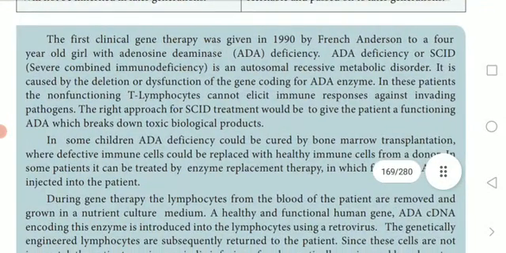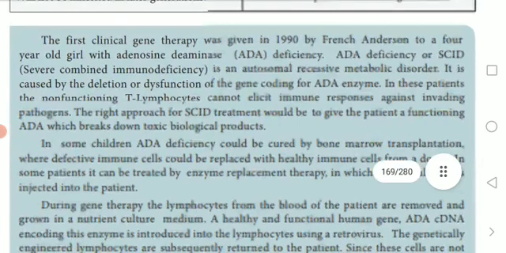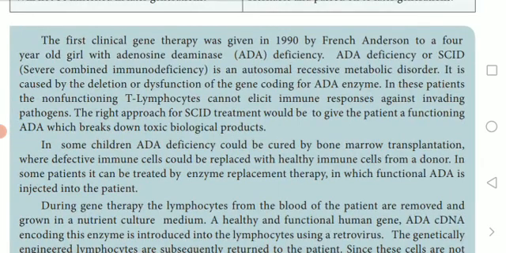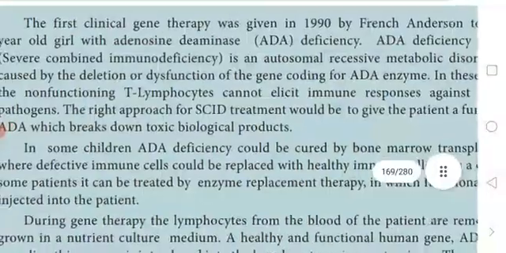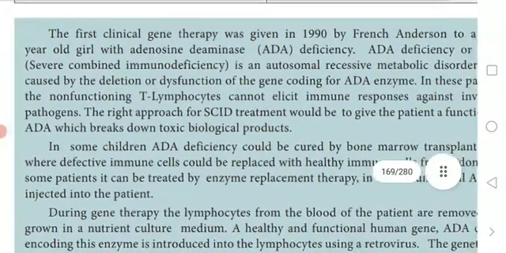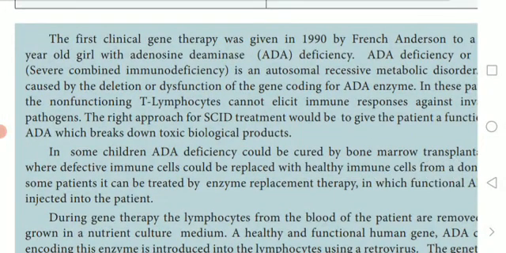The first clinical gene therapy was given in the year 1990 by Francis Anderson to a 4-year-old girl with adenosine deaminase deficiency, that is ADA deficiency, or SCID.